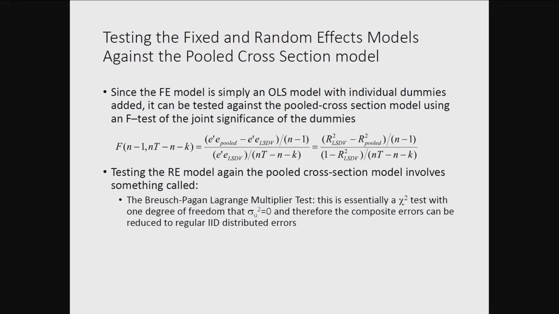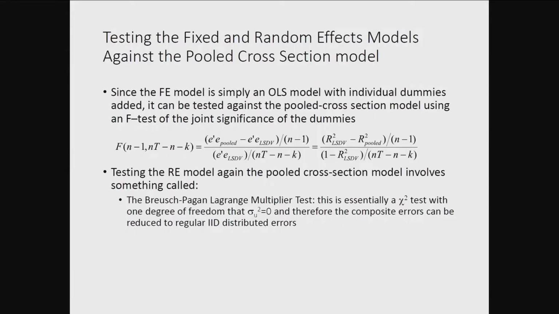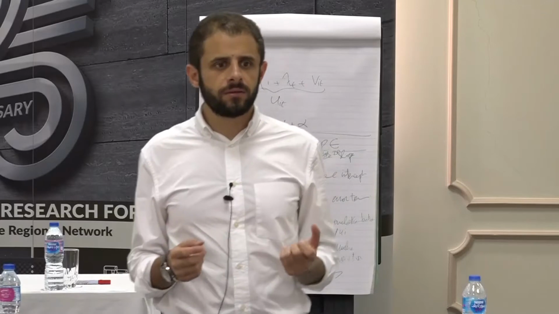For the second one, in order to contrast this, I have to check for what? The relation between xi and y. Okay, and what else? To be more specific, what do I want to check in the random effect, the most important thing?